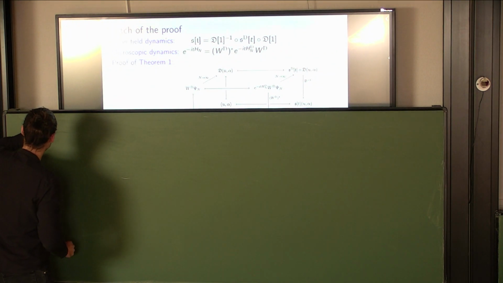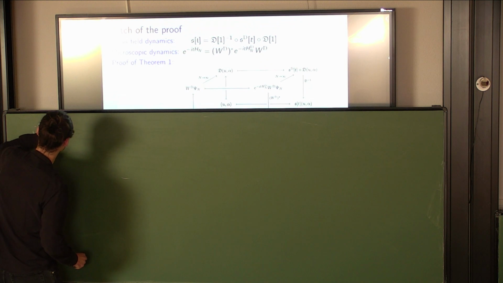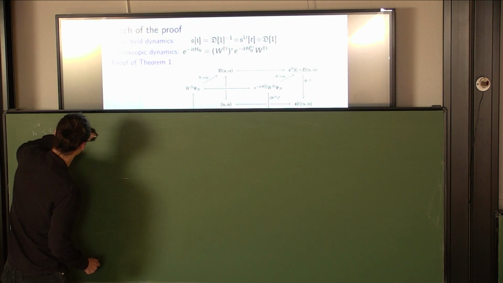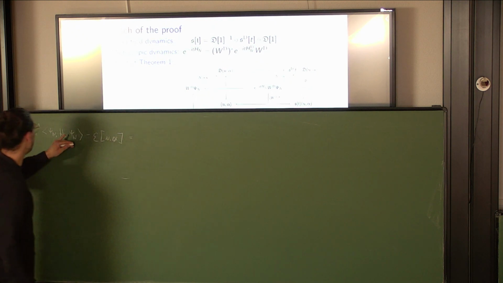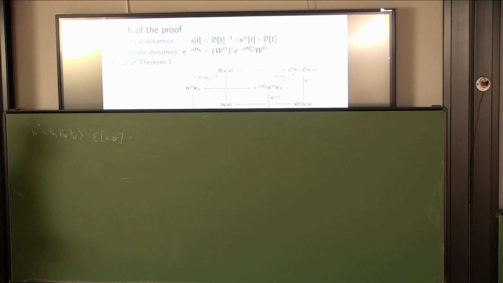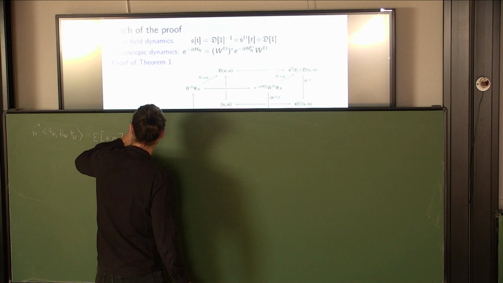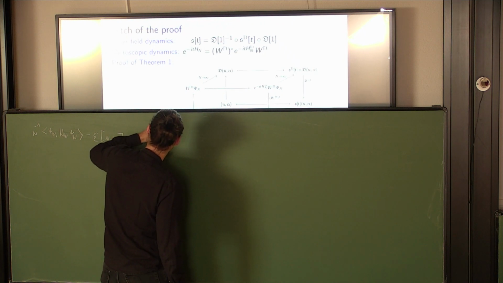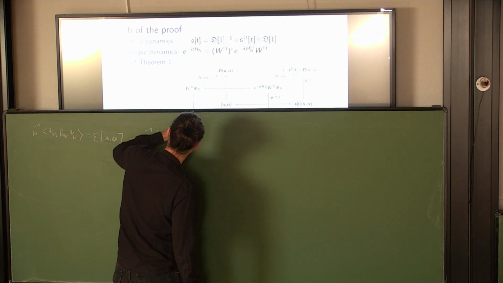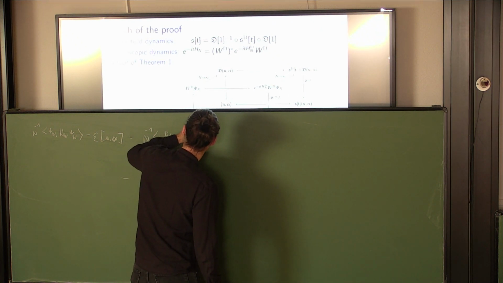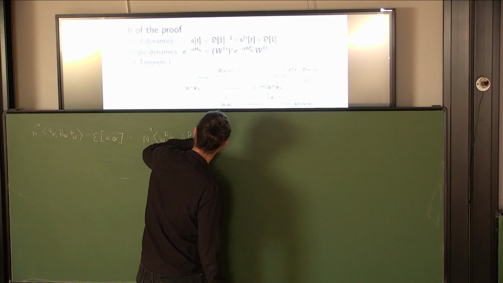We can look at the energy per particle minus the mean field energy, and then we can insert the Weyl transform, which gives us, for this transformed state, the expectation value of the transformed Hamiltonian.